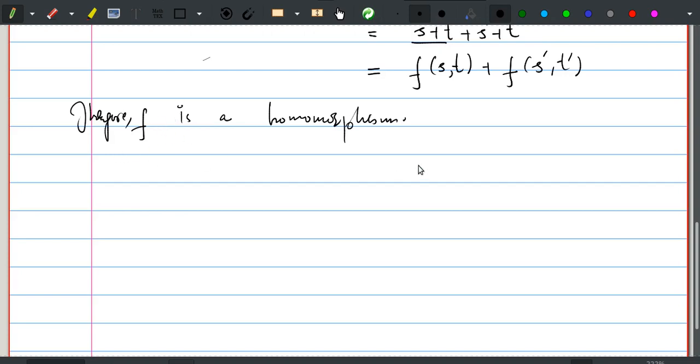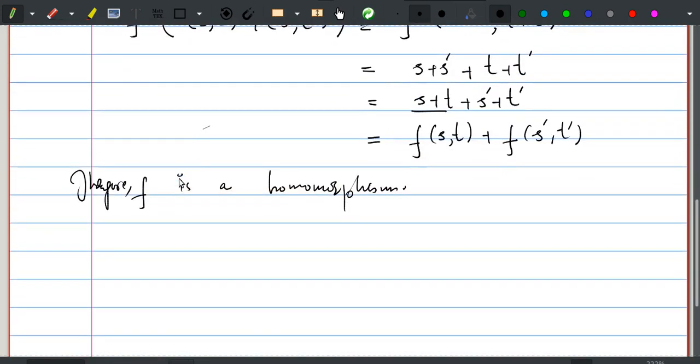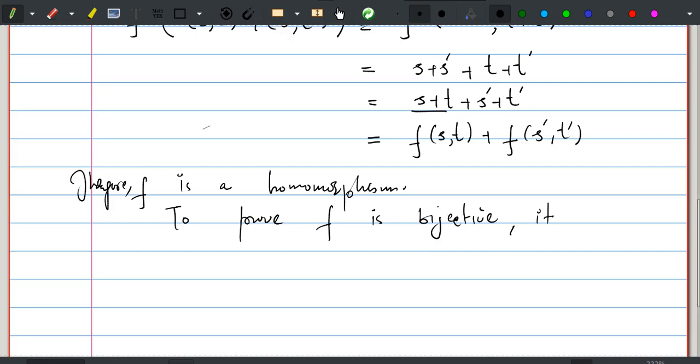To prove f is bijective, it suffices to prove, note that a function is bijective if and only if it is invertible.